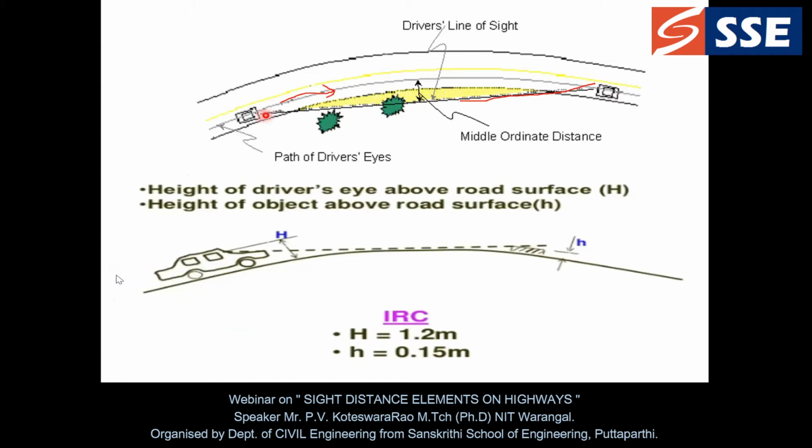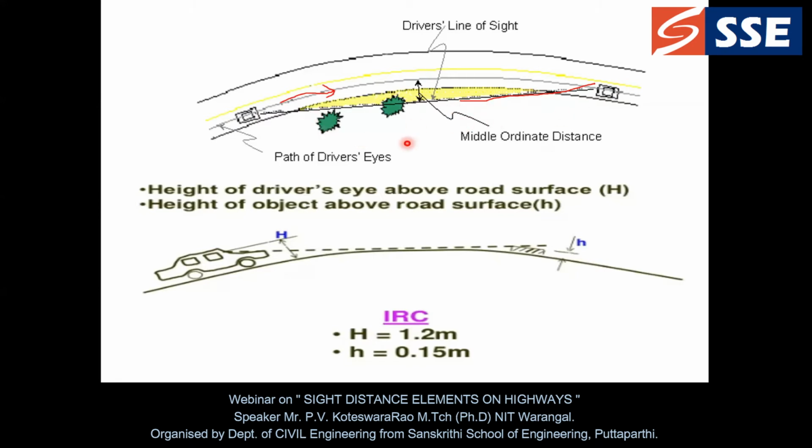In this line of sight, if there is any obstruction, like any trees on the road surface or any structure or anything, then there will be an obstruction in the line of sight. So this we need to take care of.